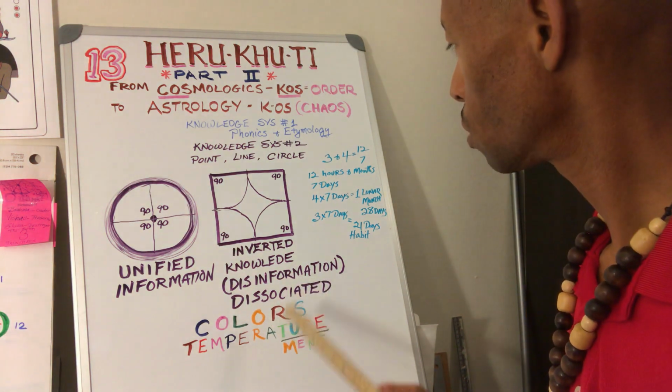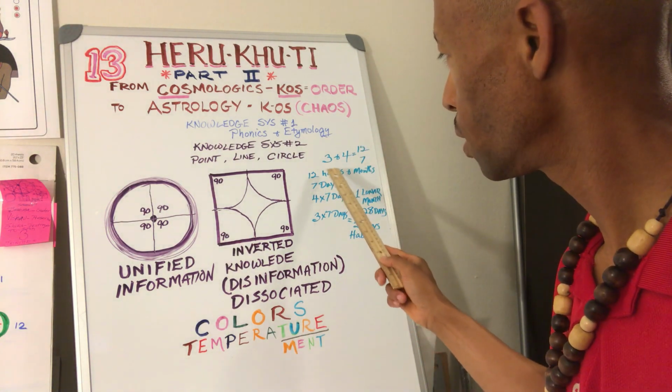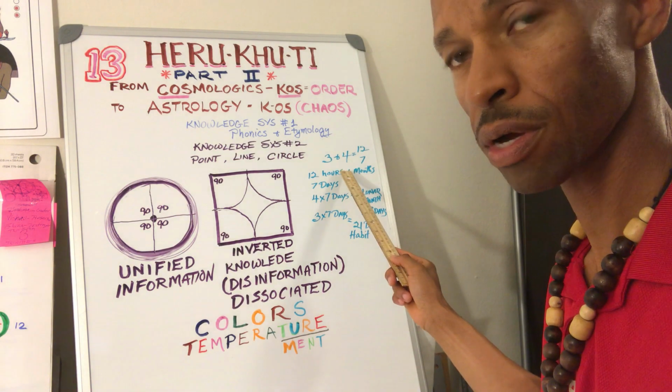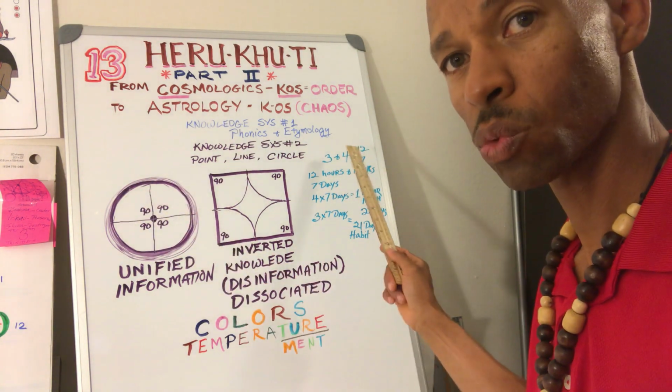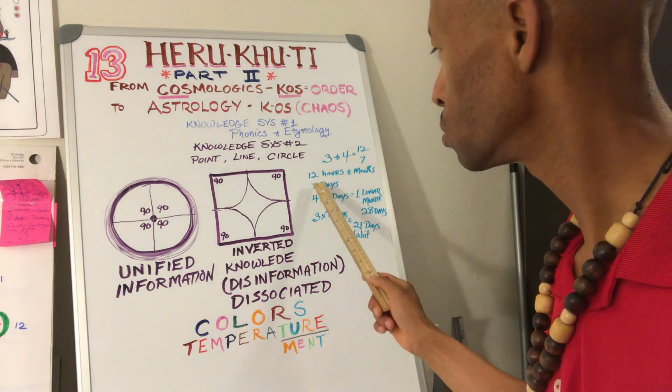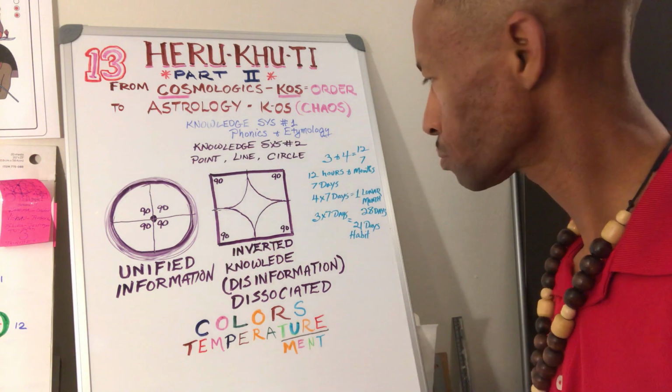All right. So I also wanted to elaborate on the 3 and 4 combination that's found in the circle. 3 times 4 is 12, which equates to the 12 hours of the day, 12 months of the year.